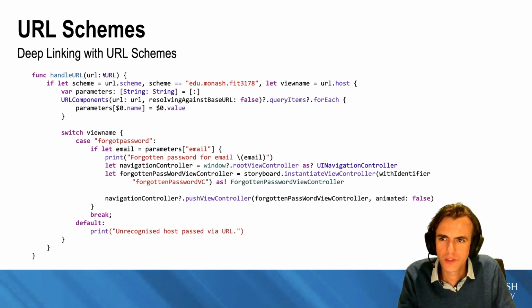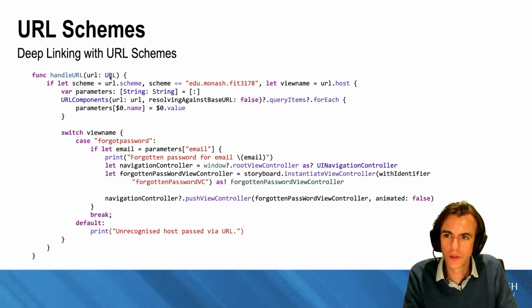Now, how we do this is we get given the URL. You'll see it's just a normal URL object of the kind that we've worked with a lot when we were dealing with web services. You can then, via various properties or methods of the URL class, pull this apart. So we can use the scheme property to read the beginning of it, which for a standard one would be HTTPS.